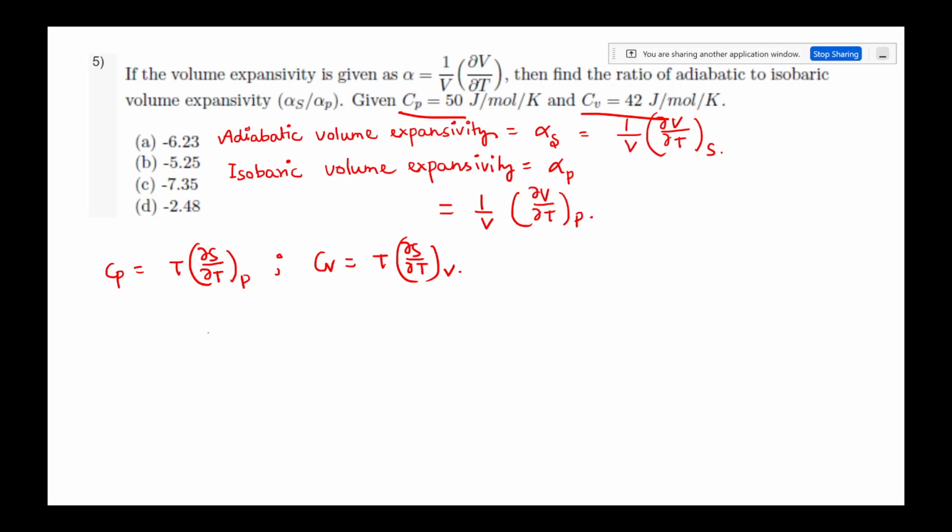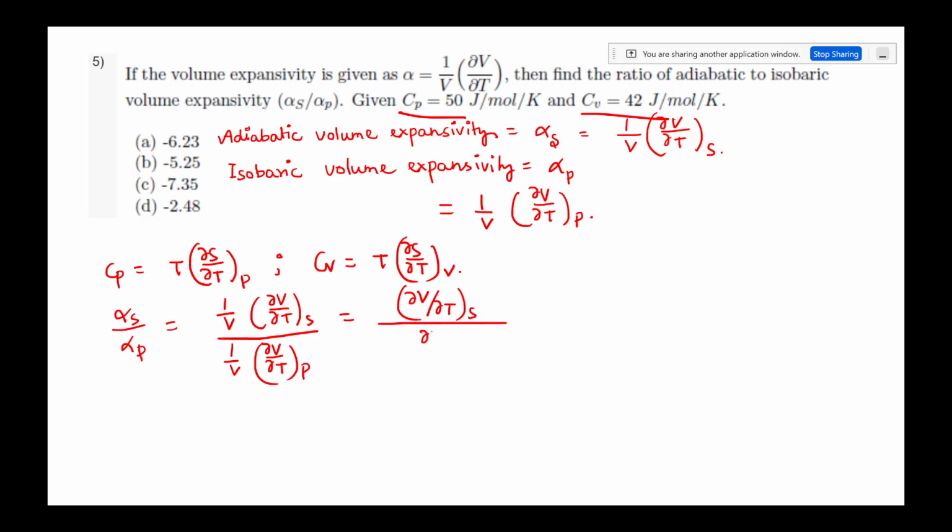Okay, so alpha s by alpha p will be 1 by v del v del t at constant s divided by 1 by v del v del t at constant p. That will give you del v del t at constant s divided by del v del t at constant p.